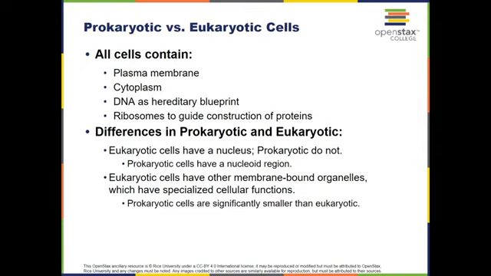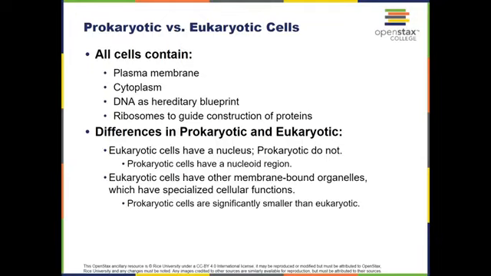Of course, eukaryotic cells put their DNA in a nucleus, and prokaryotic cells don't, but they both have genetic material. And ribosomes. Ribosomes are common to prokaryotic and eukaryotic cells, and these are important for the construction of proteins.